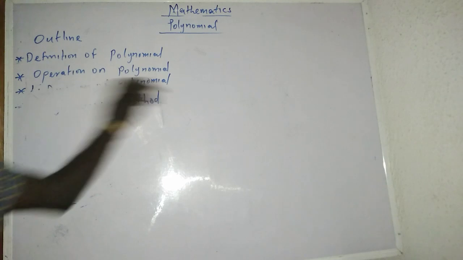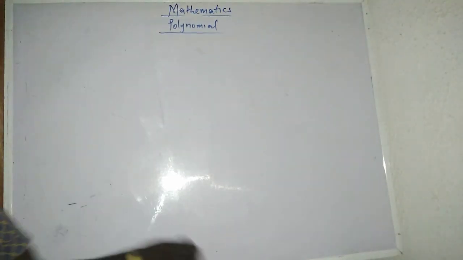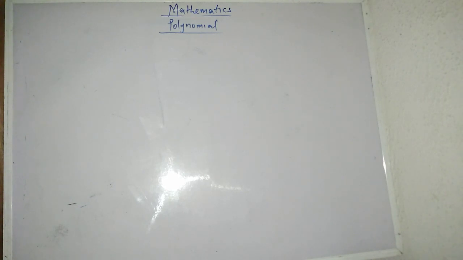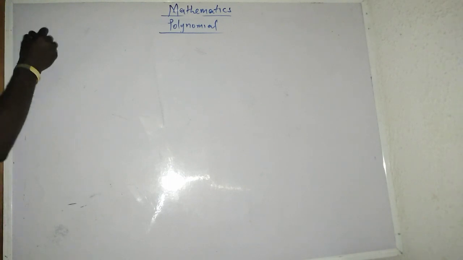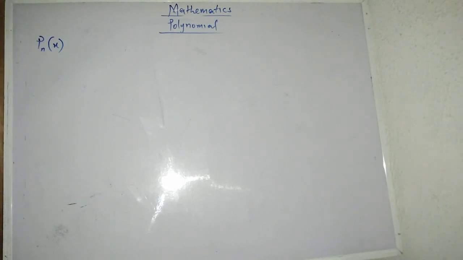Now, can we start? When we talk about the definition of polynomial, I'm always involved with the constant and the degree of the variable.